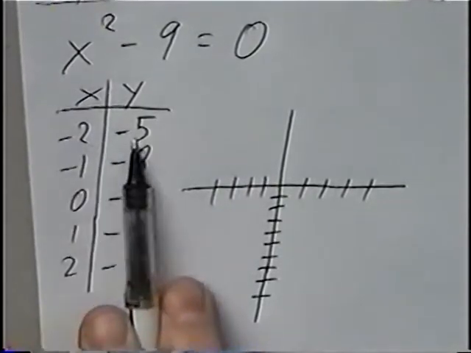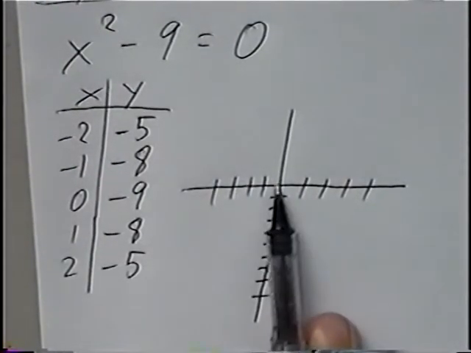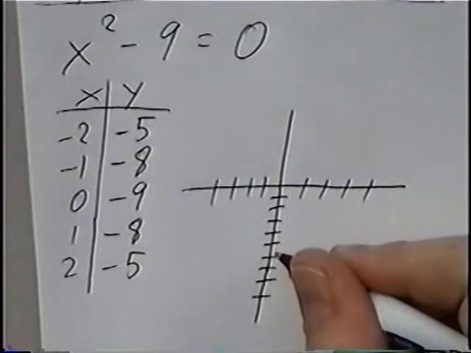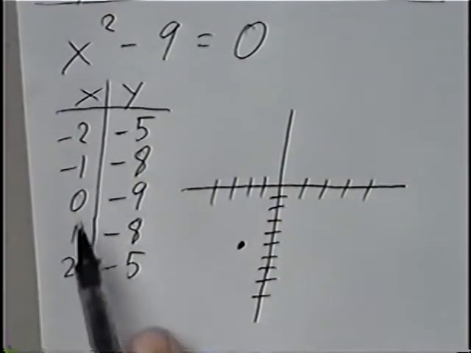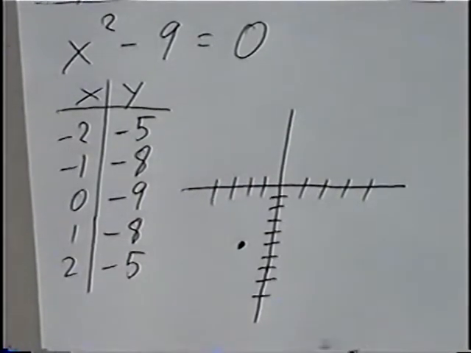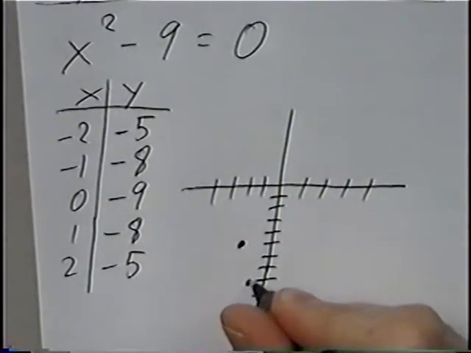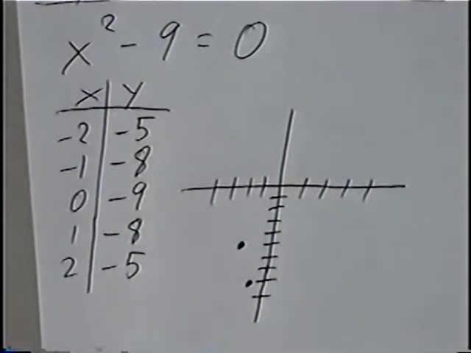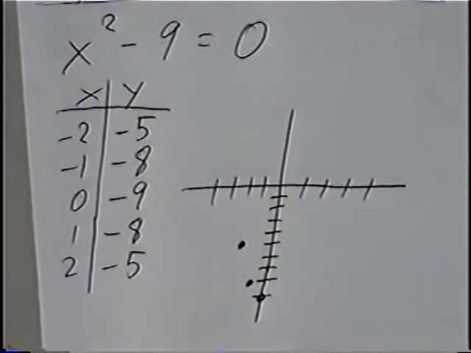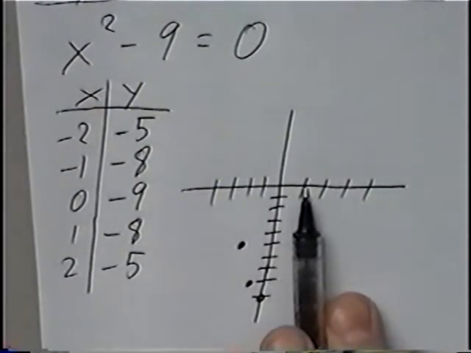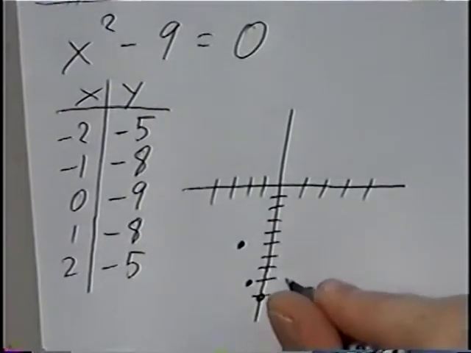Graphing the points, -2, -5 would be 2 spots to the left and 5 spots down. -1, -8, 1 spot to the left and 8 spots down. 0, -9. 0 would be in the middle and 9 spots down. 1, -8 would be +1 and down 8 spots.